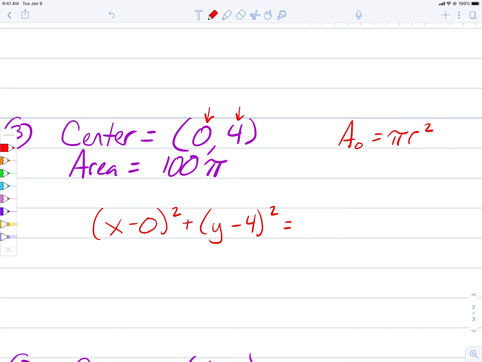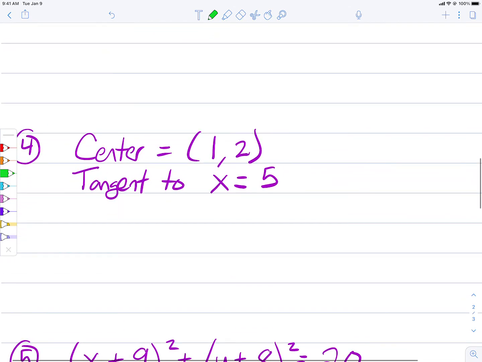So somehow this area came from a pi r squared. Well, if we start solving for it, I'm just going to divide both sides by pi, and we now have that r squared equals 100, which must mean that r equals 10, because it's the square root. But in our equation, we want it to equal r squared, so it's just going to equal 100. We're not going to graph that one.